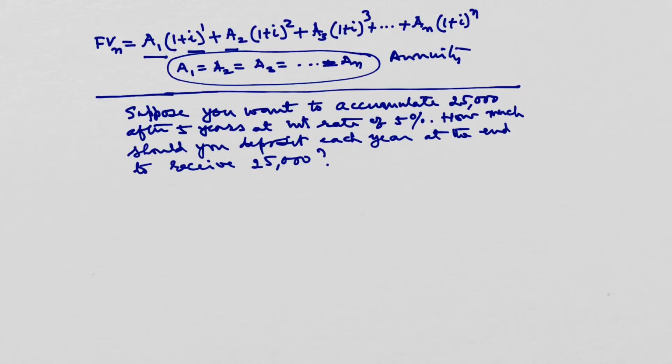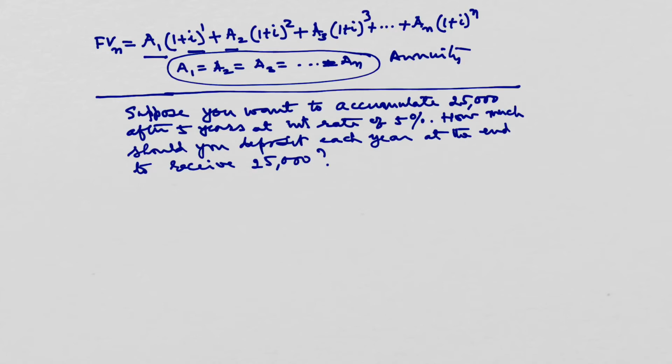So what you are trying to find out is what is going to be the annuity, with 25,000 which you would like to receive after 5 years. So each year you have to deposit some amount.